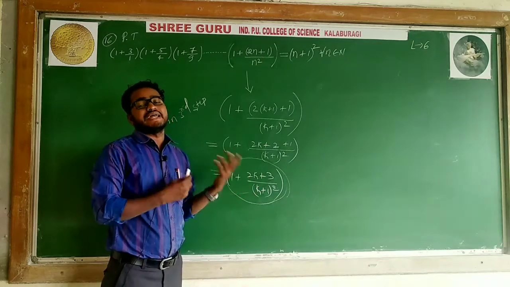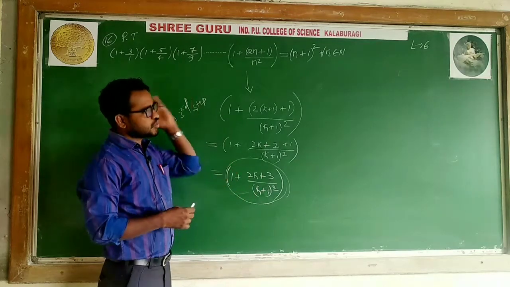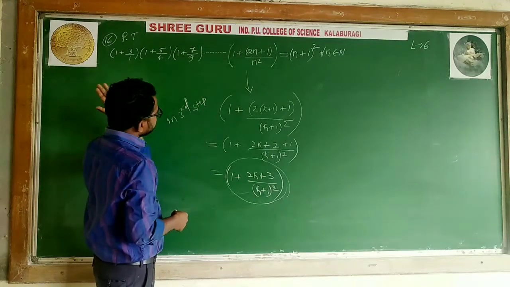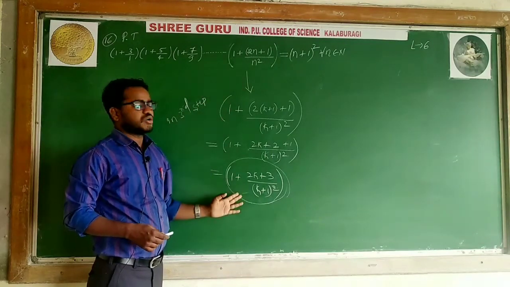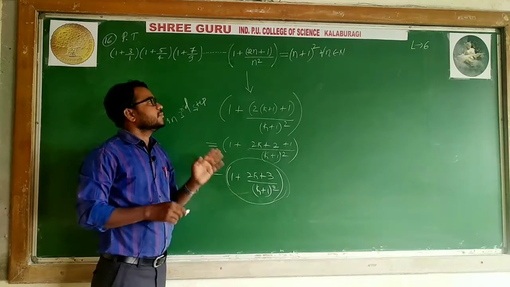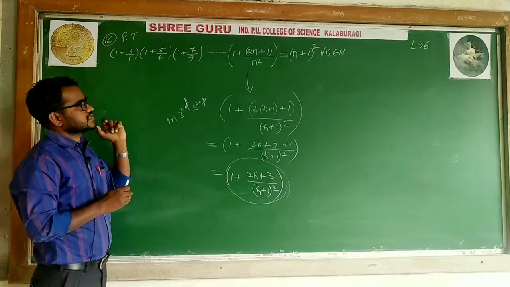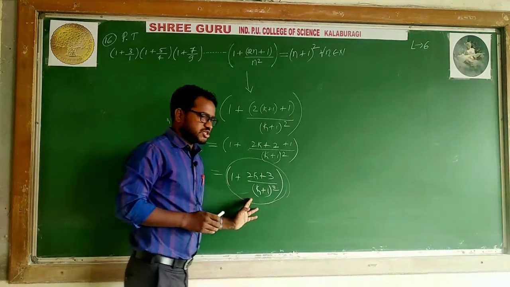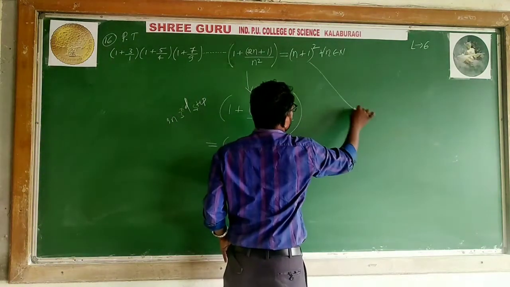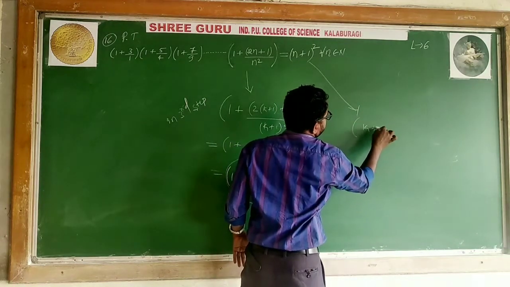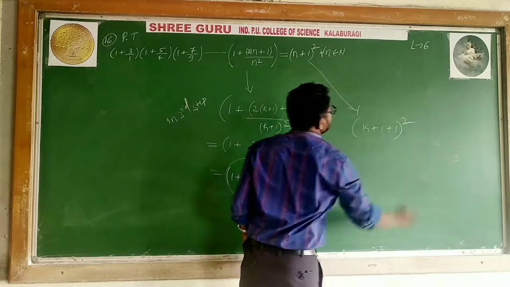In previous problems we added every time because those were sums of terms. This is a product of terms, so for that reason you have to multiply, because the LHS of the given statement is a product of terms. What we need to prove is that in the place of n, we get (k + 1 + 1)². I need to prove this. Very simple.